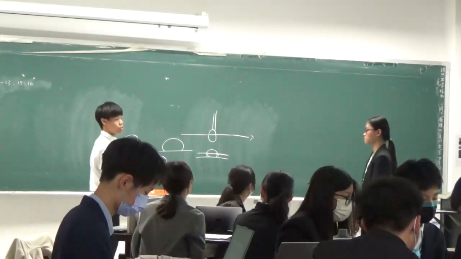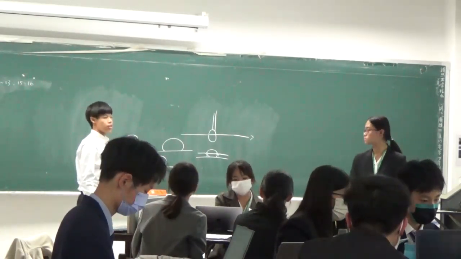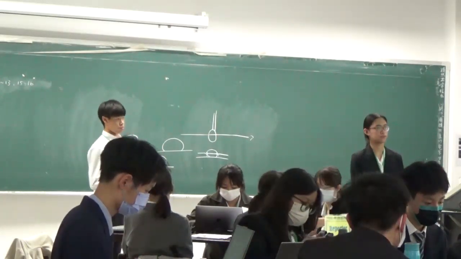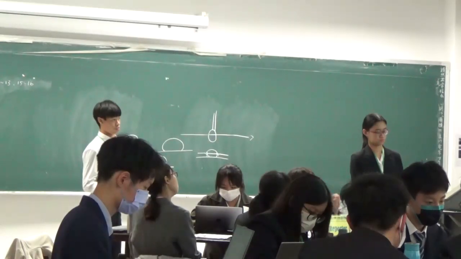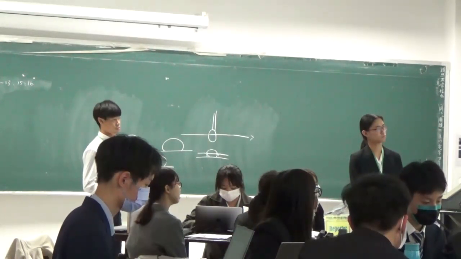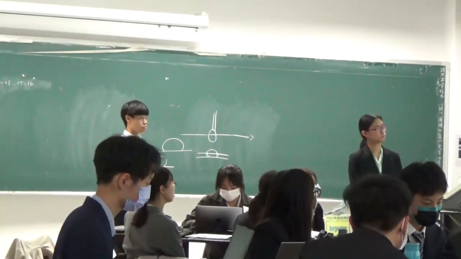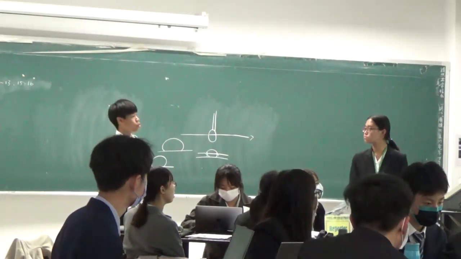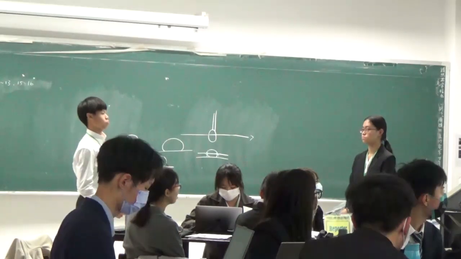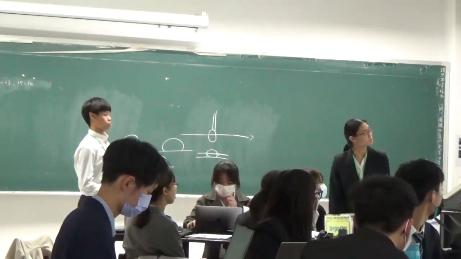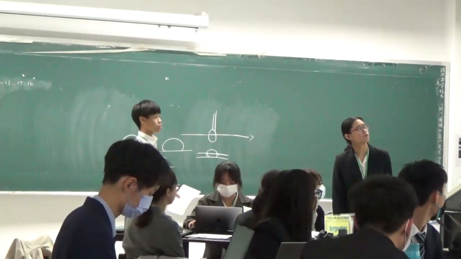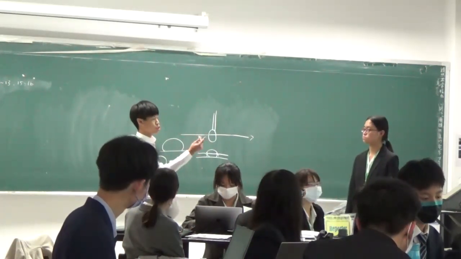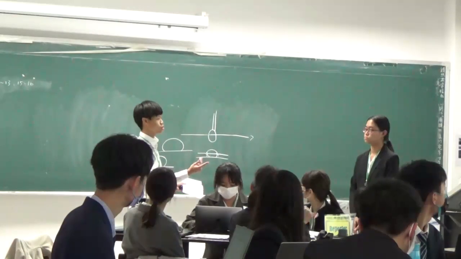Okay, so next, can we please turn to the lensmaker's equation. What are R1 and R2? Yeah, there are two curvatures. Which one is which?